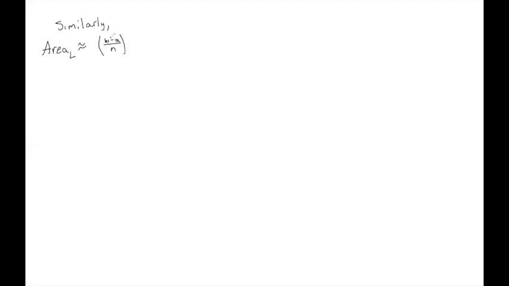So I still have my delta x here, right? This is still delta x. And I still have my f of a plus i times (b minus a) over n on the inside. So this is still height, right?